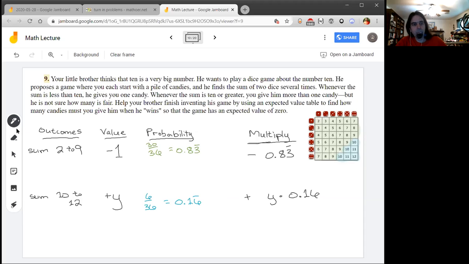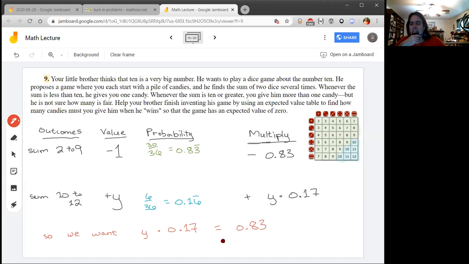So I'm just going to round, get rid of the repeatings. We want these two to be equal. We want y times 0.17 to be equal to the 0.83. One's positive, one's negative, they'll balance out. And overall, no one will get ahead with money. Does that make sense?